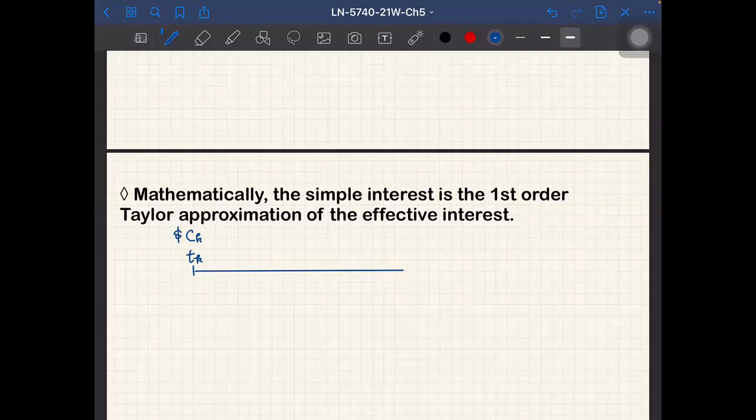What's the accumulated value at time 1? It accumulates interest for 1 minus Tk years, so Ck becomes Ck times 1 plus I to the power 1 minus Tk. This is the exact interest that these Ck dollars earn.